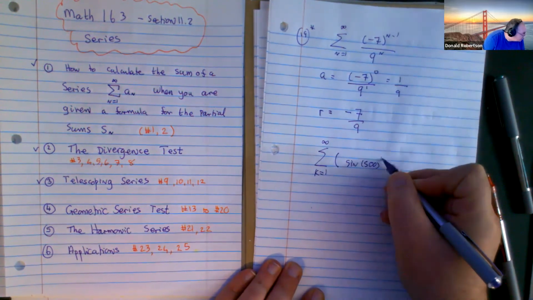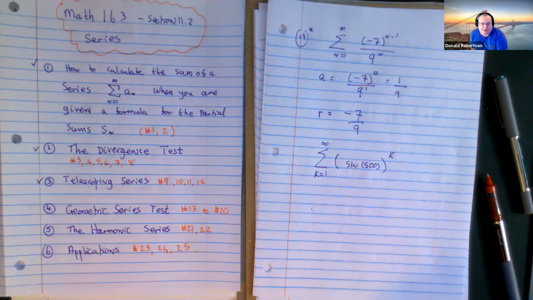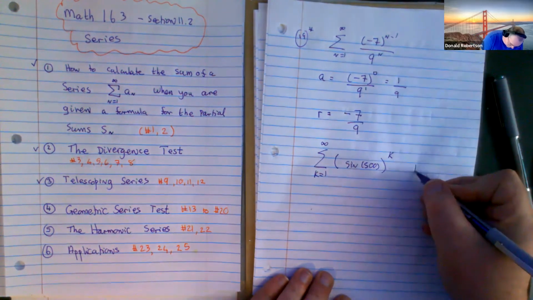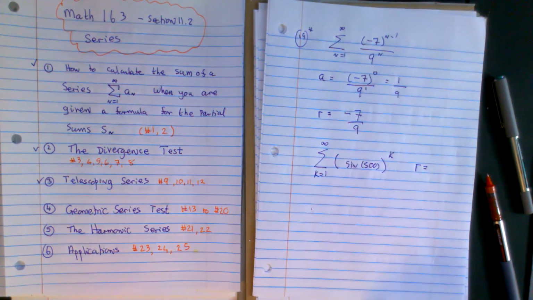One of the questions looks a bit like this guy. He is a geometric series. What is R? Just eyeball it. Don't let the sine of trees get in the way. Sine of 500.